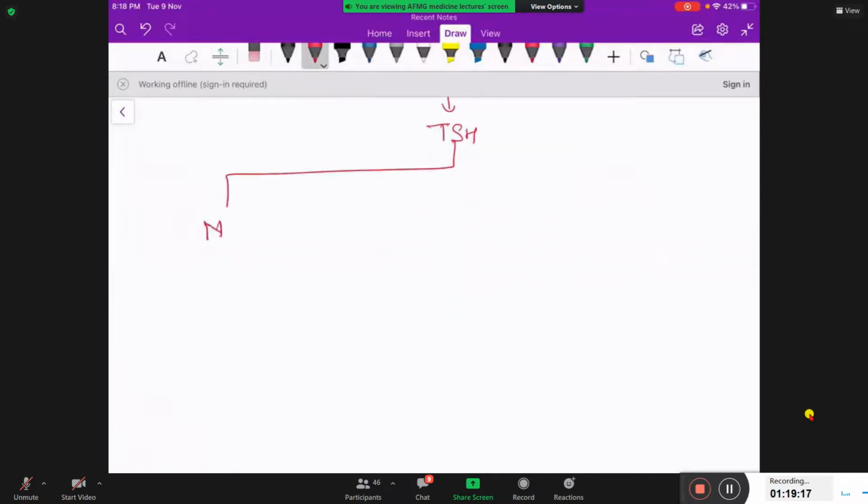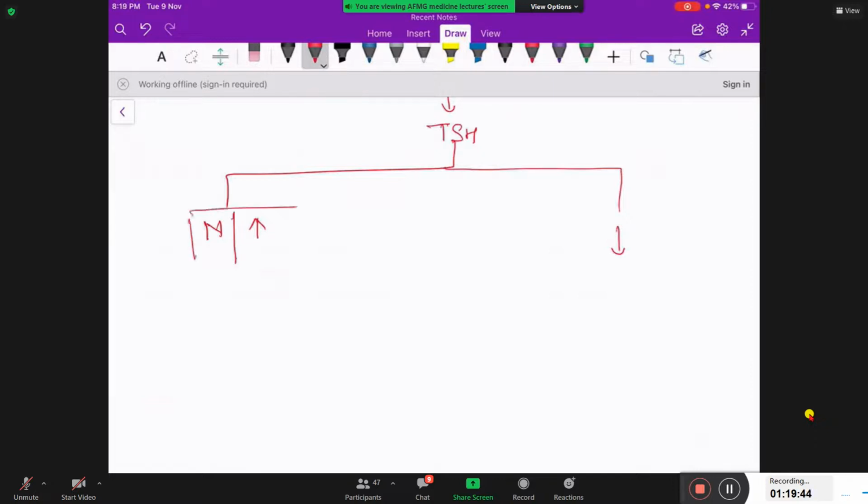Your TSH can be normal, means the patient is euthyroid. TSH can be increased, patient is hypothyroid. TSH can be decreased, patient is hyperthyroid.